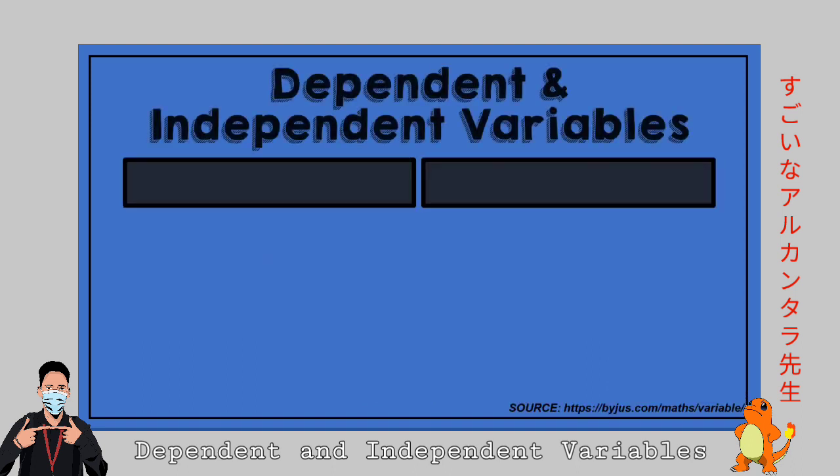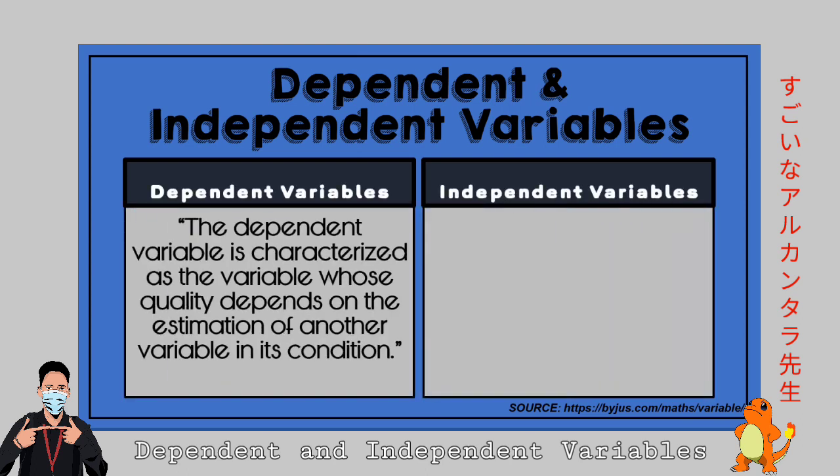To put it in perspective, in mathematics and somewhat in science or whatever subject, this is how they describe dependent and independent variables. First thing, a dependent variable is characterized as the variable whose quality depends on the estimation of another variable. So that's why it's called dependent. It depends on something else.